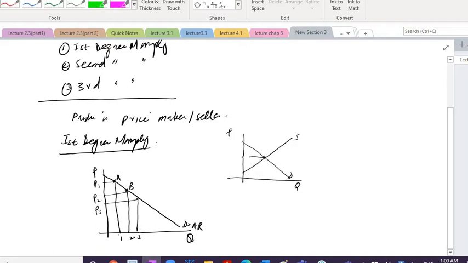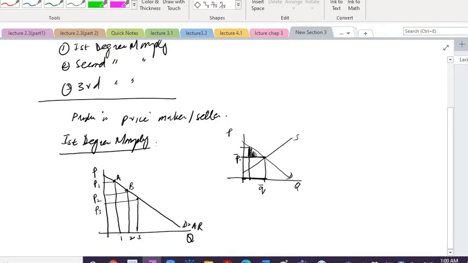So this is the equilibrium, and this Q bar level is to be sold, not only this particular unit but all the units from 0 to Q1 are to be sold at the same price, which is P bar. But if you look at this, for the first unit the consumer was willing to buy at a higher price, but the market is offering it at a lower price, and that creates the consumer surplus shown by this vertical line. And all these vertical lines are actually the consumer surplus.